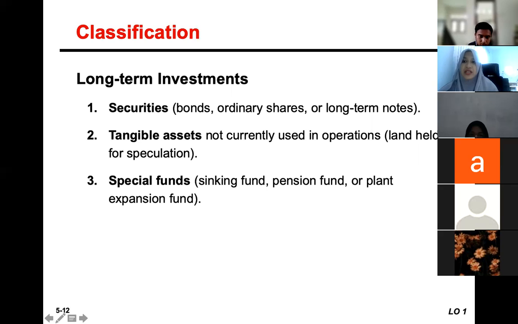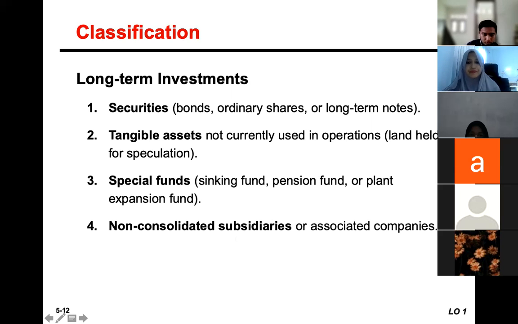Pension fund also is an allocation of fund for the purpose of paying the pension, or plant expansion fund. So the company allocates a certain amount of fund for the purpose of expansion of their factory, for example. That also will be included in the long-term investment.